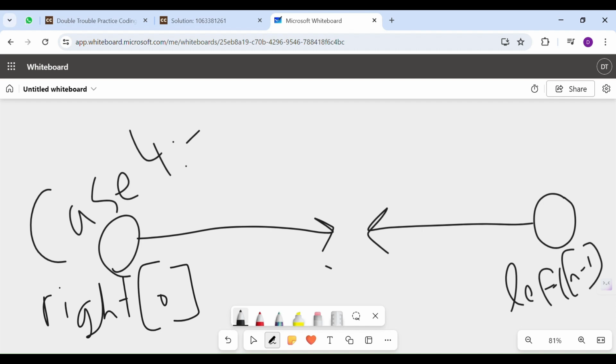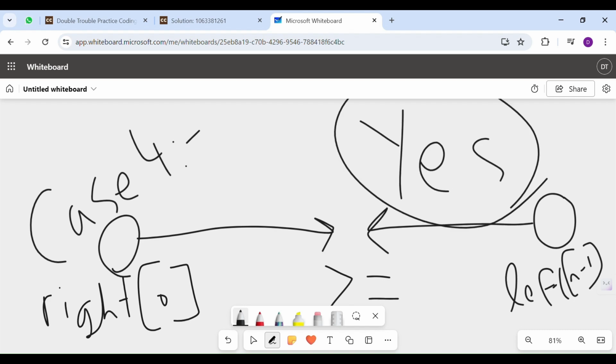And if right of 0 is greater than or equal to left of n minus 1, which means the ranges intersect, I can activate all the balls in at most 2 moves. If this is right, then the answer is yes. If right of 0 is less than left of n minus 1, that means there are some balls in the middle which are not activated, so that won't work.